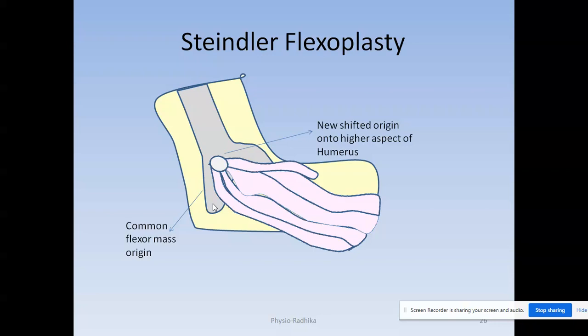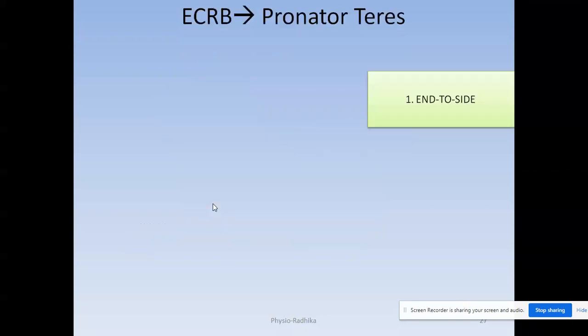This is done to add some amount of force to the biceps brachii in order to carry out the elbow flexion action.